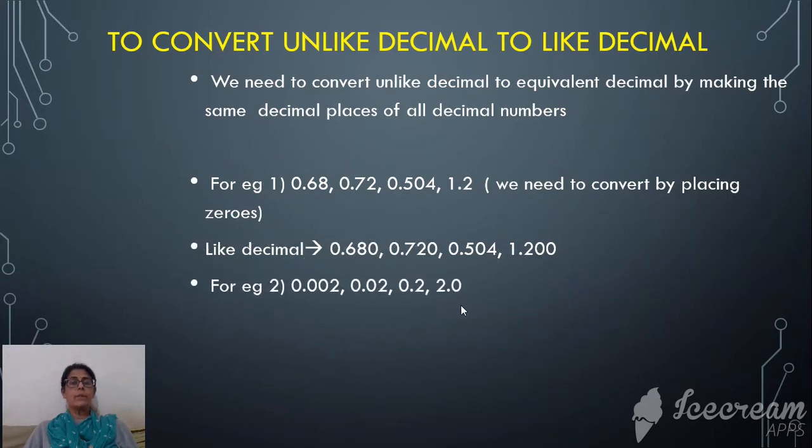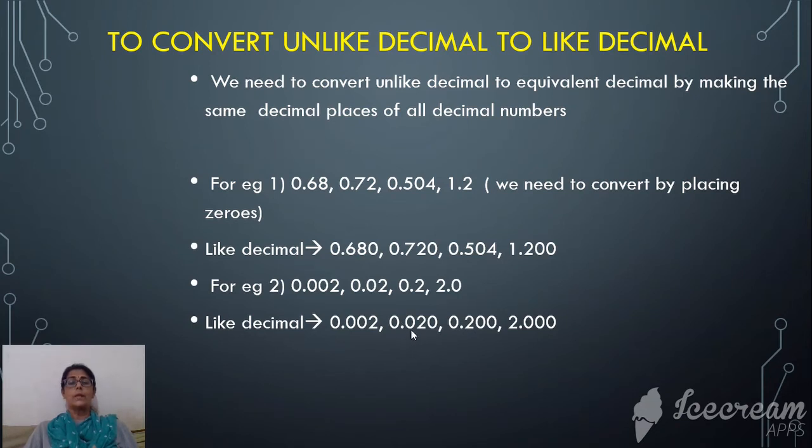Now we will check with another example: 0.002, 0.02, 0.2 and 2.0. Now we will convert these into like decimals. So the first decimal number has 3 decimal places. So we will write as it is, 0.002. Now in the second number only 2 decimal places are there. So we will place an extra 0 in that.